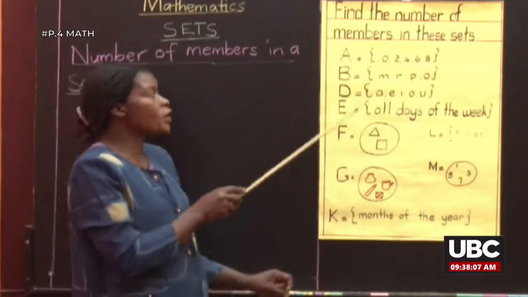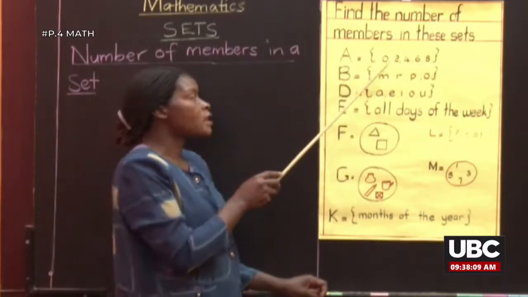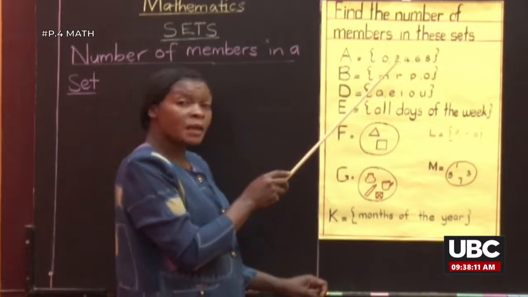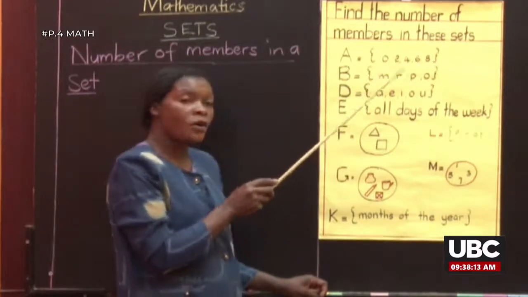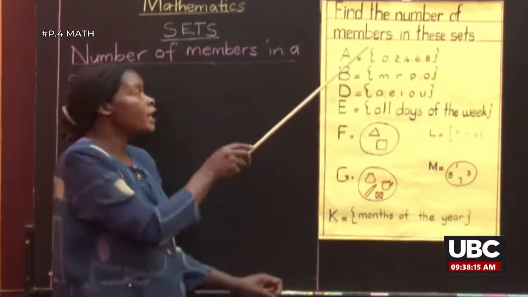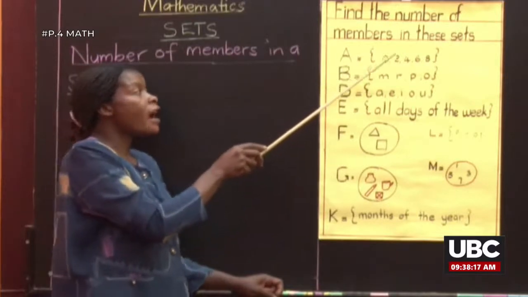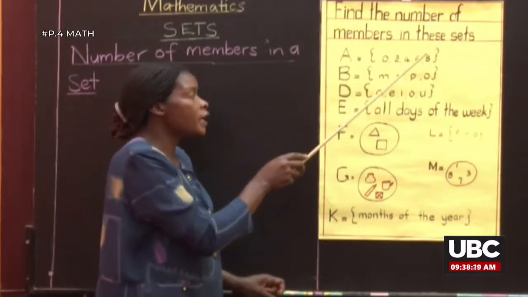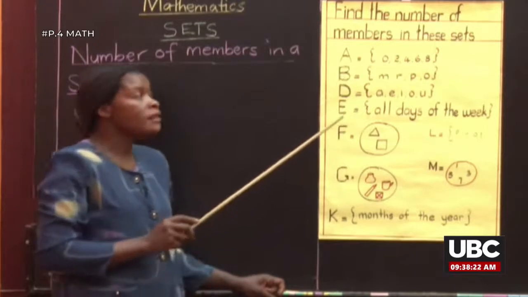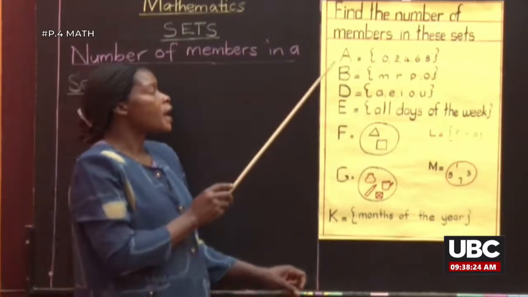When we use curly brackets, each member is separated using a comma, and the brackets begin and end after writing the last member.